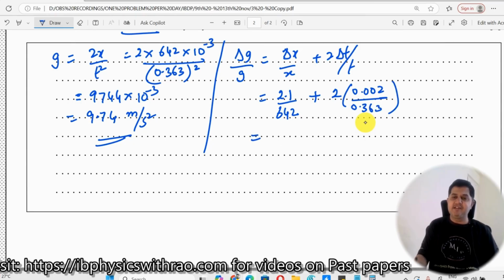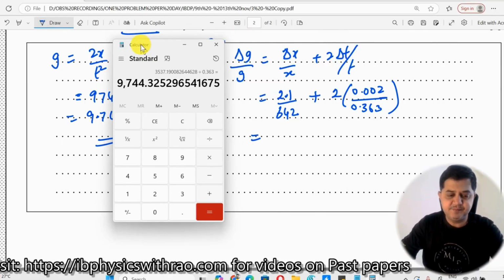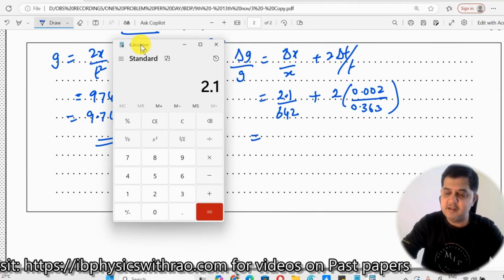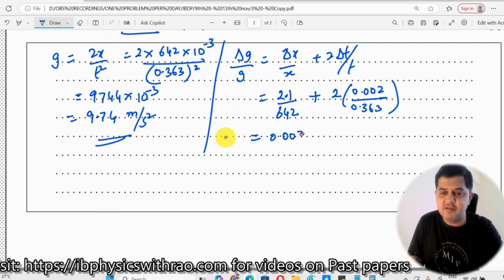Remember this. So when I do all this, I get 2.1 divided by 642 will give you 0.003.